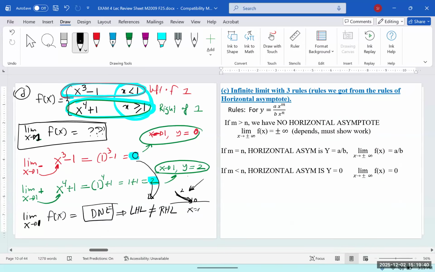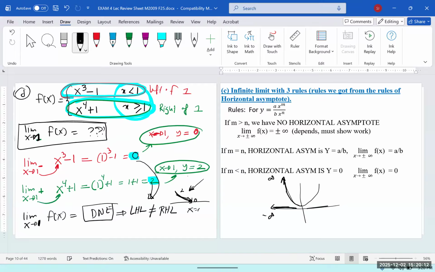Okay, then the next one is infinite limit. Infinite limit means when you are looking at the x value from the left side and from the right side, how the y value is going in general toward the end. For example, if you look at the square graph, on the left side, when x is going to negative infinity, your y is going to positive infinity.